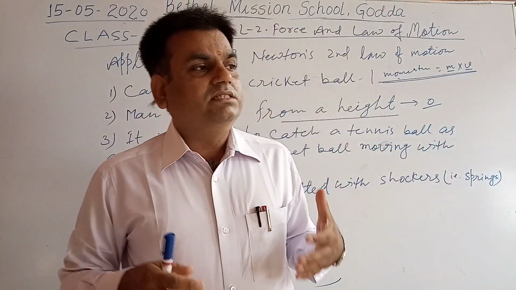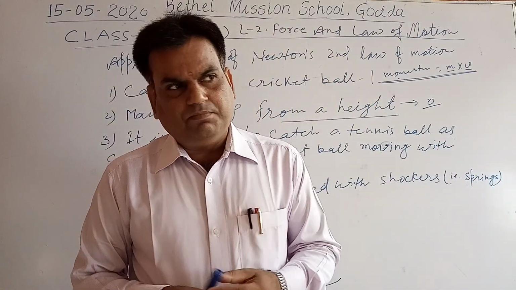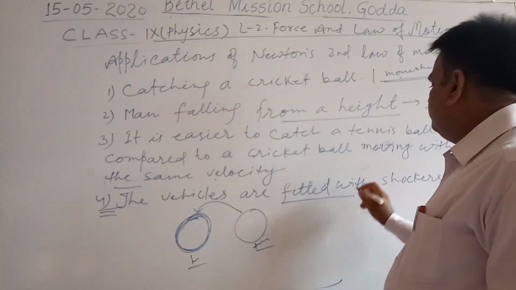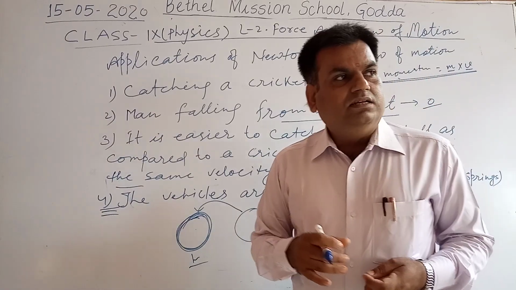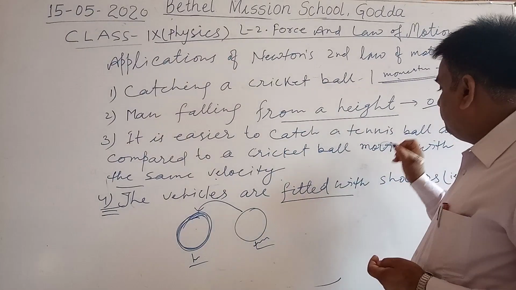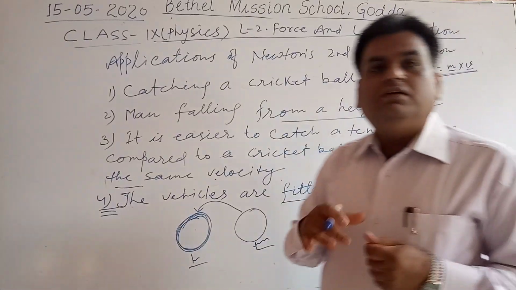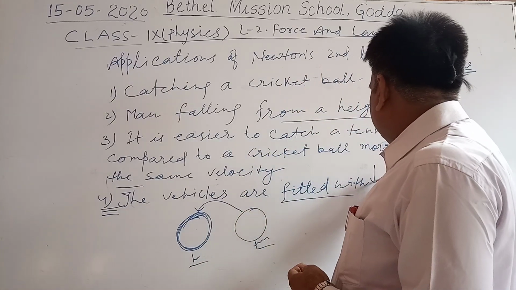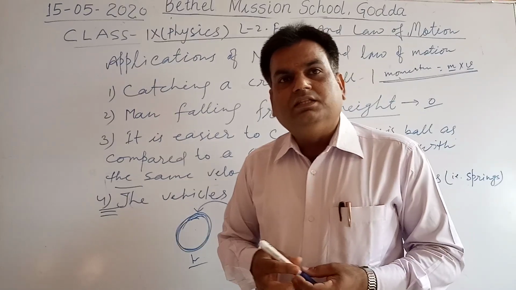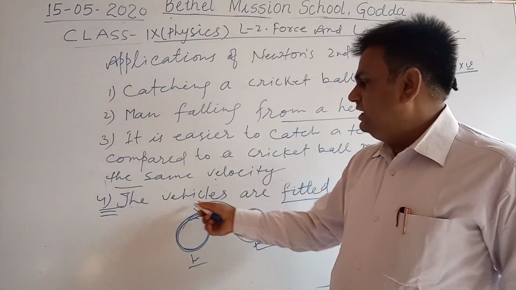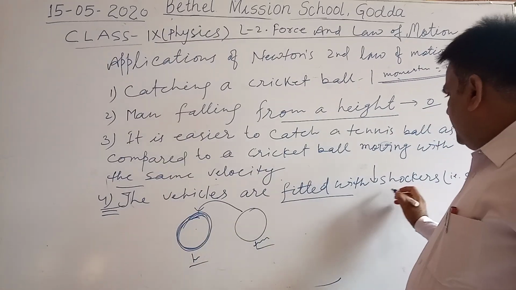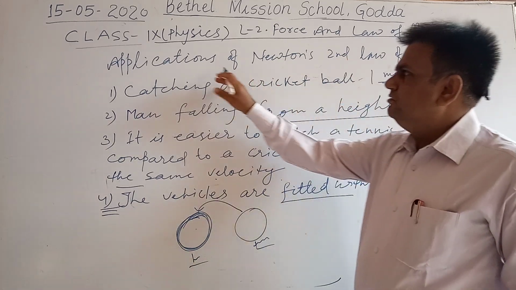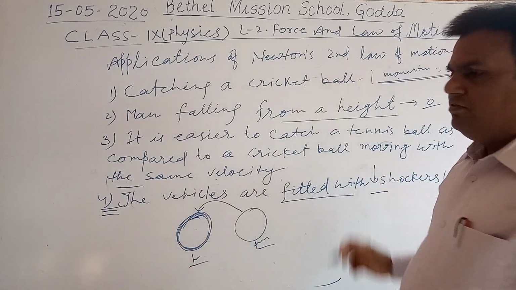When the vehicle moves on a rough road, the springs reduce the momentum slowly, and the passengers in the vehicle face less harassment, and that's why shockers are fitted in vehicles. So these are the applications of Newton's second law of motion.